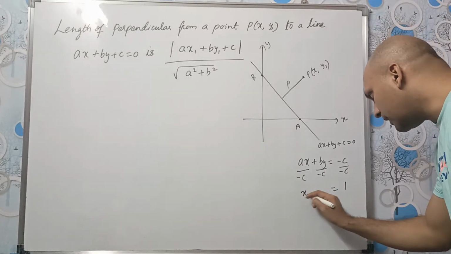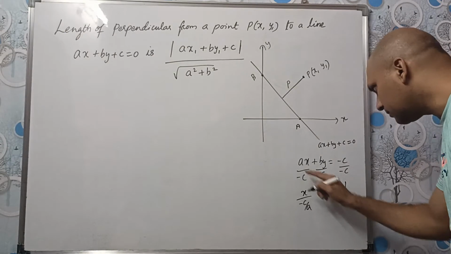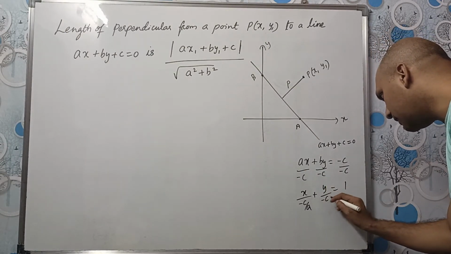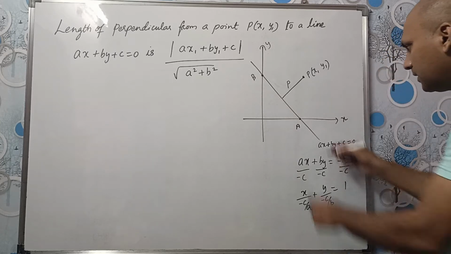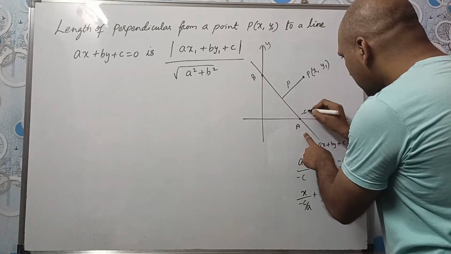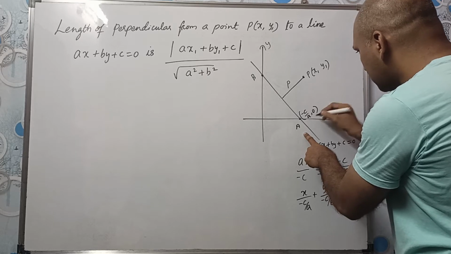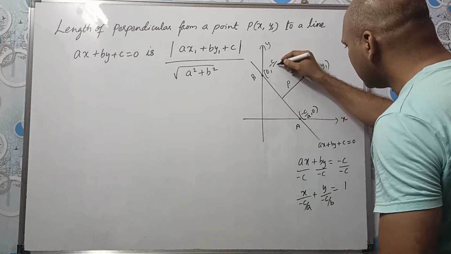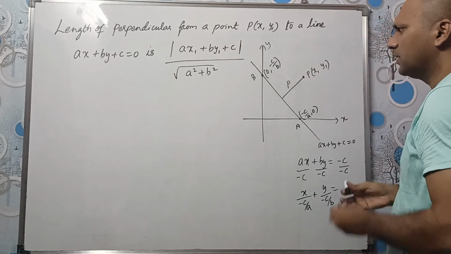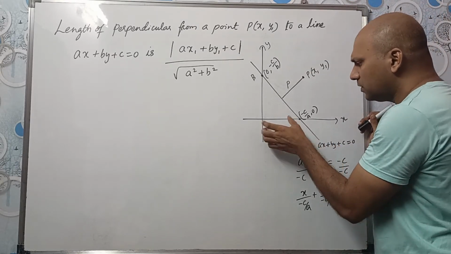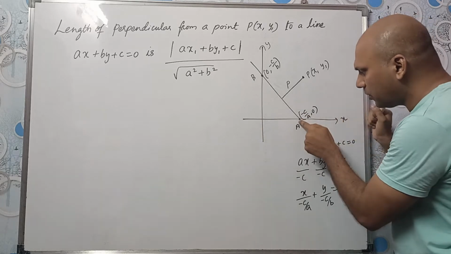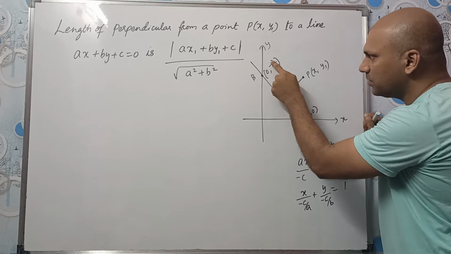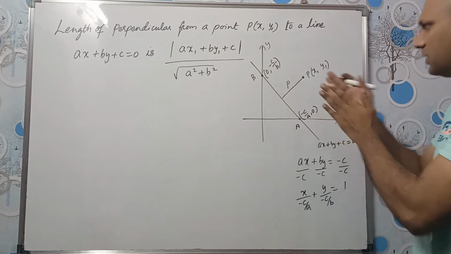So this will be x by (minus c by a) plus y divided by (minus c by b) equal to 1. So this point is (minus c divided by a, 0) and this point is (0, minus c divided by b). We are talking about the intercepts. Don't worry about the signs as of now.